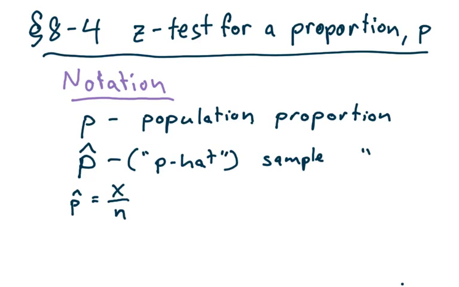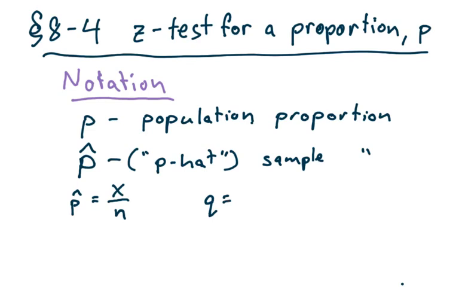For the other quantities that we need to use in our formula, we're going to be using not Q hat, the sample complement proportion, but the complementary proportion for the population.